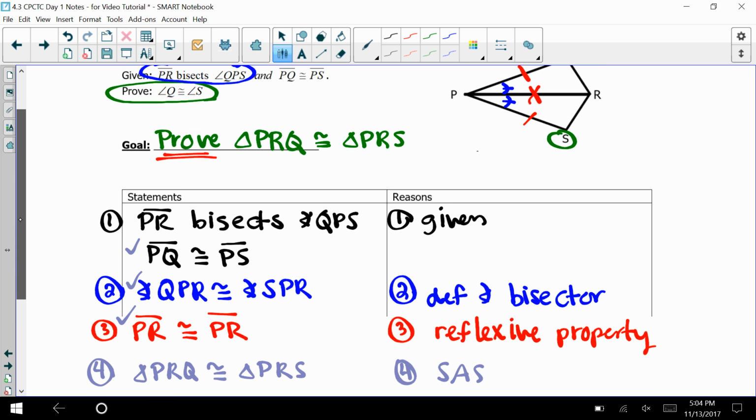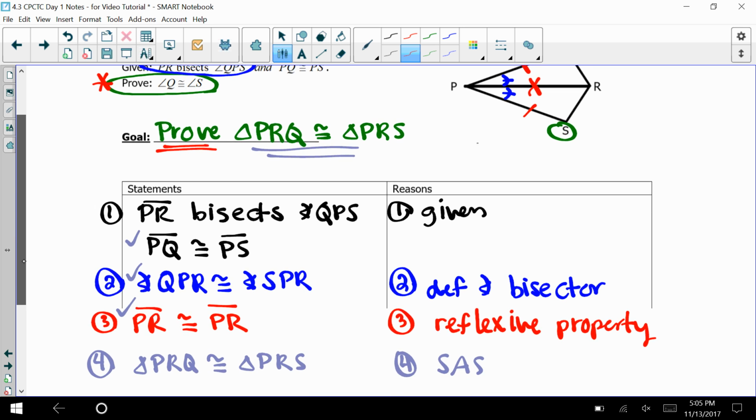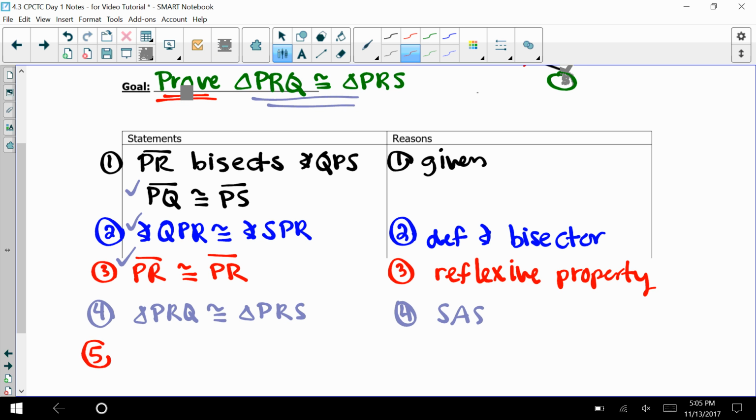So that wasn't what our proof wanted us to actually find. So roundabout way, this problem is telling you to prove the triangles are congruent to then help you get to your proof statement, angle Q congruent to angle S. But now that we know that these triangles are indeed congruent through the side, angle, side postulate, we can now say angle Q is congruent to angle S through CPCTC.